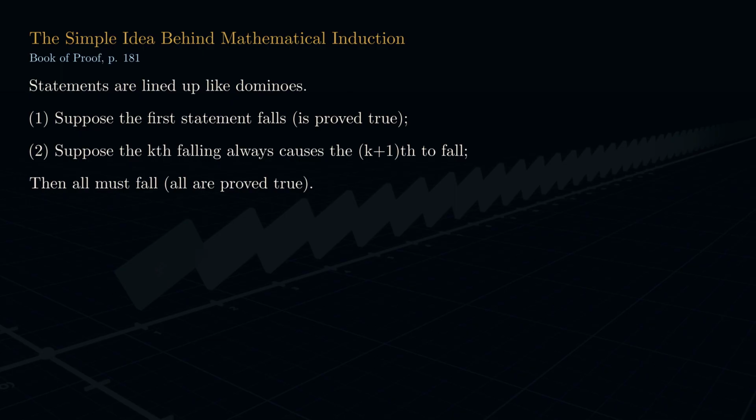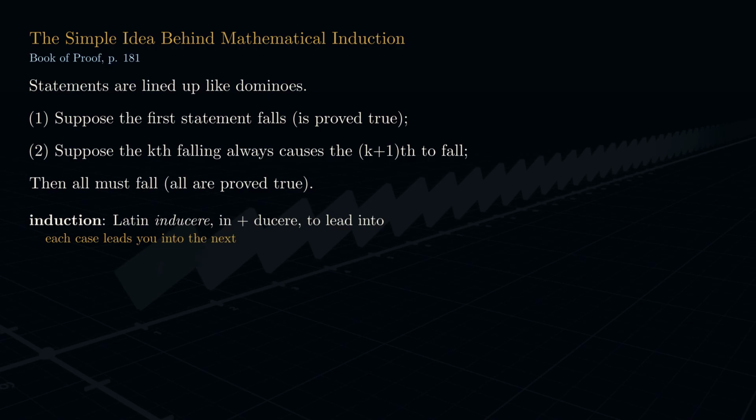Now the words, because you will meet them in every book. Induction comes from the Latin inducere. In, into, and ducere, to lead. To lead into. Each case leads you into the next. The first job, proving S1, is called the basis step.